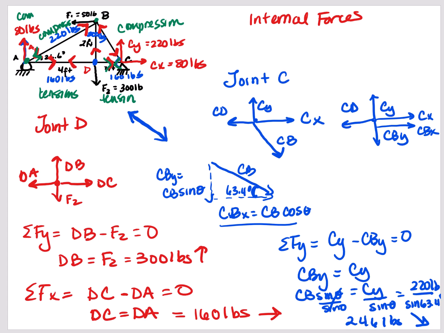And then in BD, the arrows are also going away from the joint, so this is also in tension. Tension forces go away from the joints. Compression forces go towards the joints.